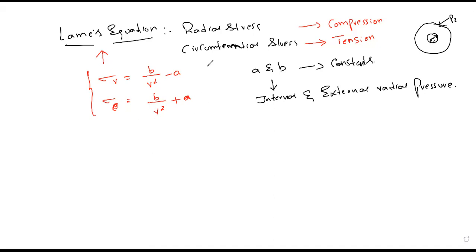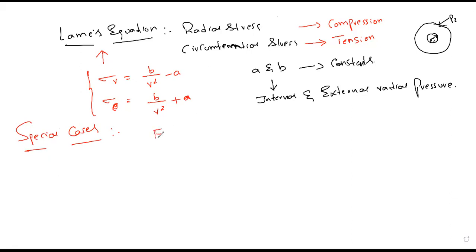So what are the special cases? These are very, very important even for your competitive exams. Let's discuss the special cases. In these special cases, a and b are going to be evaluated based on the internal and external pressures, as I told you.